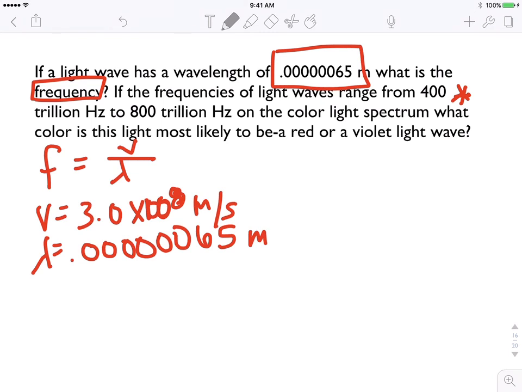So how do we do this? Well, I would first put in your calculator 300 million. That's what I'm doing right now. And divide that by 0.000065. And you end up with 4.6 times 10 to the power of 13.